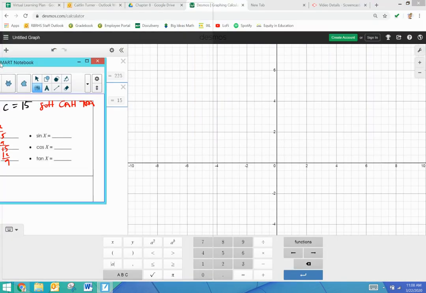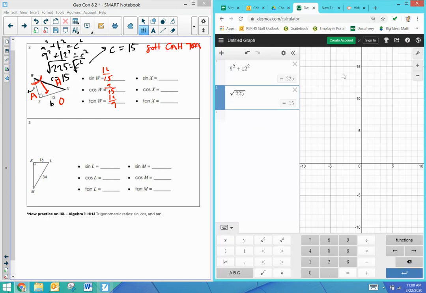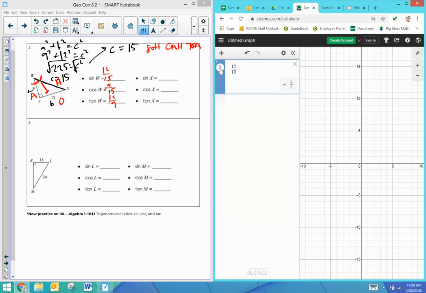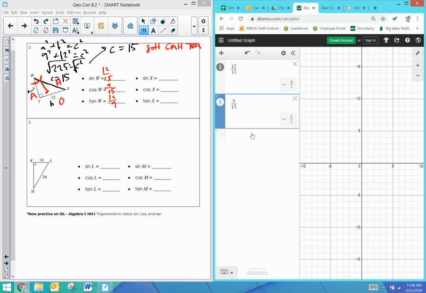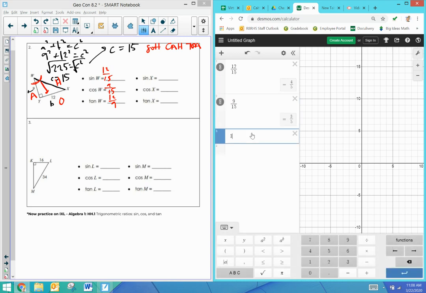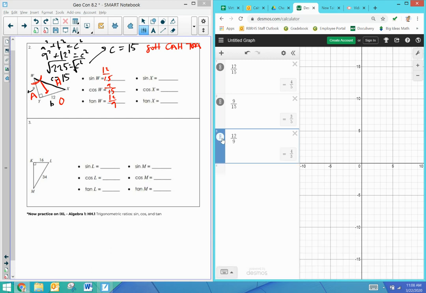All right, I'll show you how we can simplify those real quick. So 12 over 15, that divides and gives me a decimal. I don't want a decimal, I want a reduced fraction, 4/5. Do the same thing with 9 over 15. Put it back to me as a fraction. And 12 over 9. I'm just pressing this button right here. 4/3.